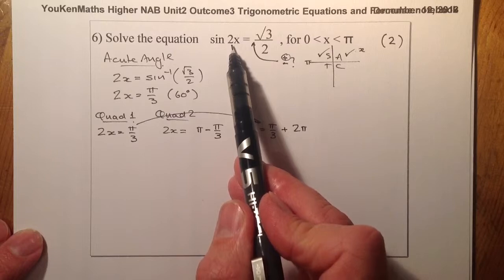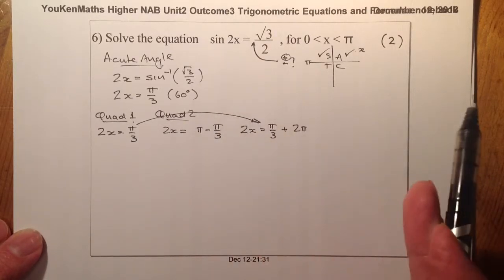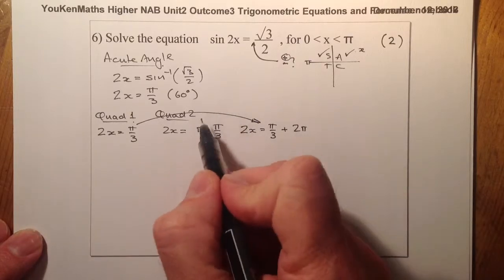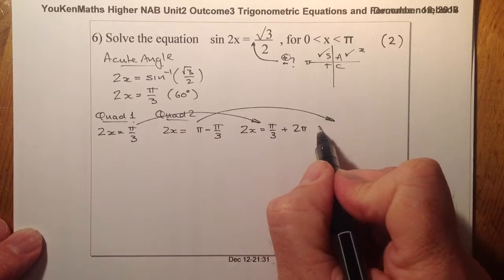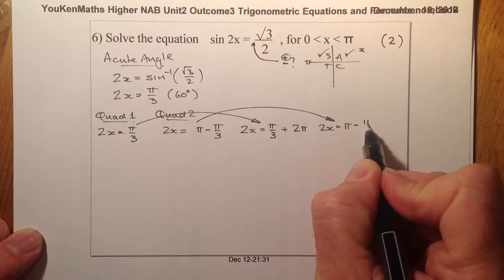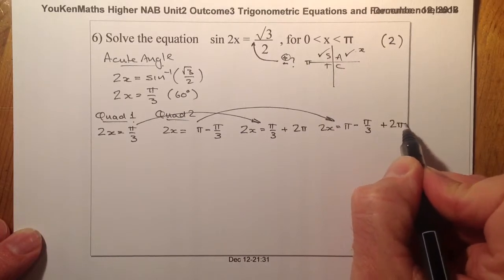When I work out the answers to 2 full cycles, I would then divide by 2 to bring the graph within the 0 to 2 pi, and that's the way I would normally work this. Then I would have another solution coming from this one here, and that would be 2x equal to pi minus pi over 3, and remember I'm just going to add on another full cycle.